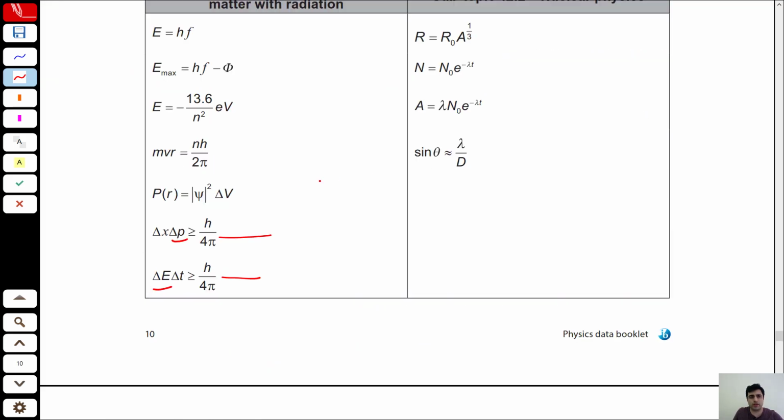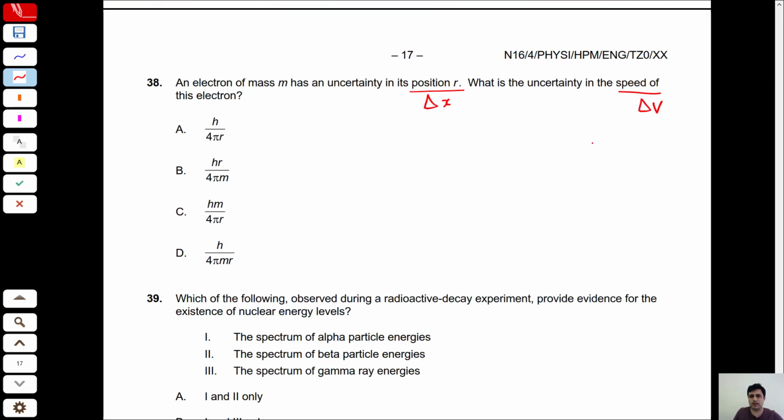Delta x is the uncertainty in position, delta p is the uncertainty in momentum, and delta x times delta p is greater or equal to h over 4 pi.